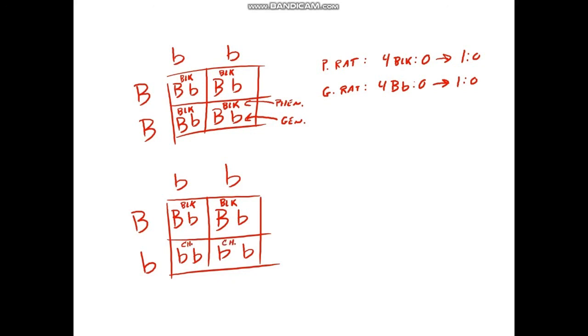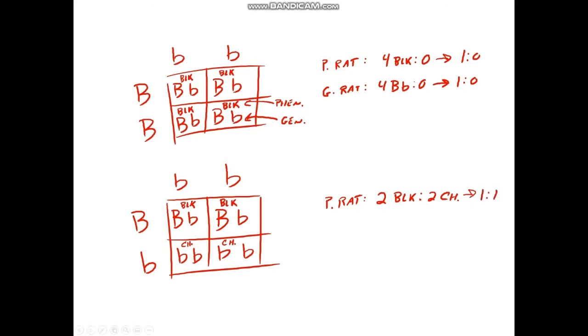Black and chocolate puppies. The phenotypic ratio here is two black-furred puppies to two chocolate puppies.